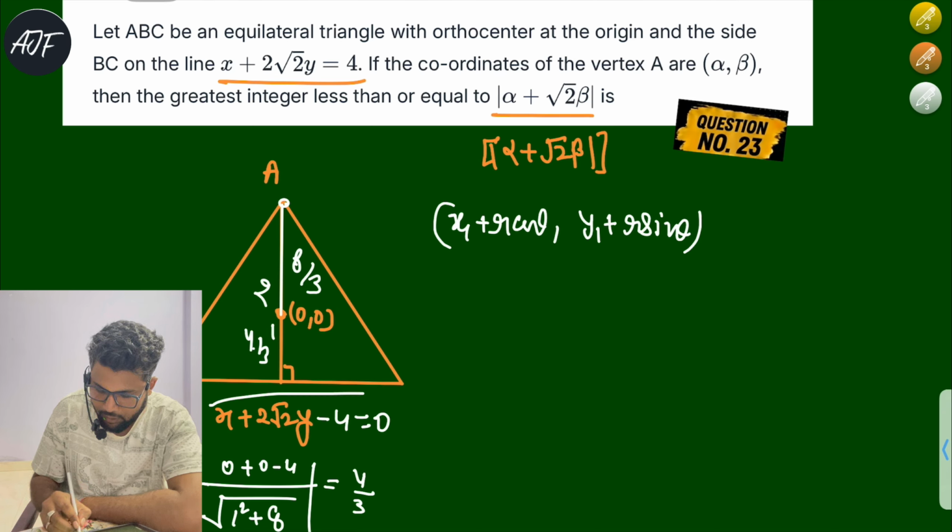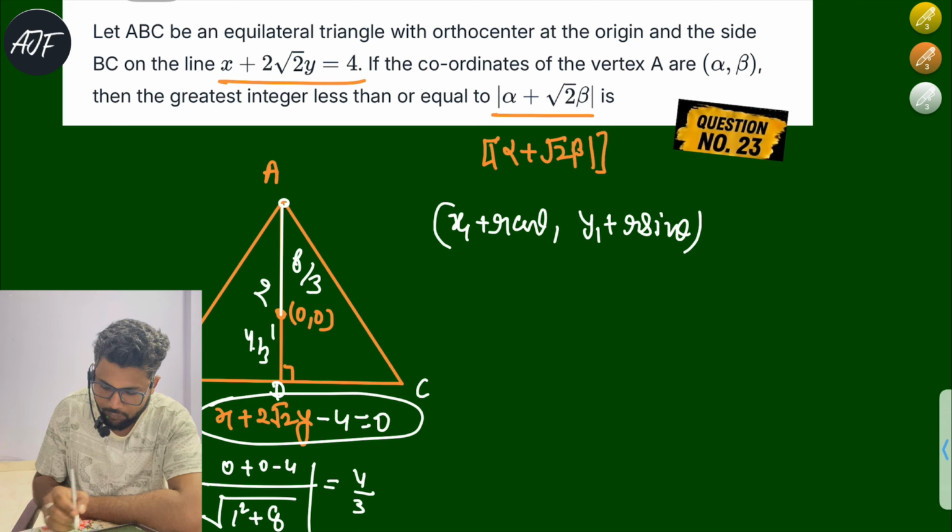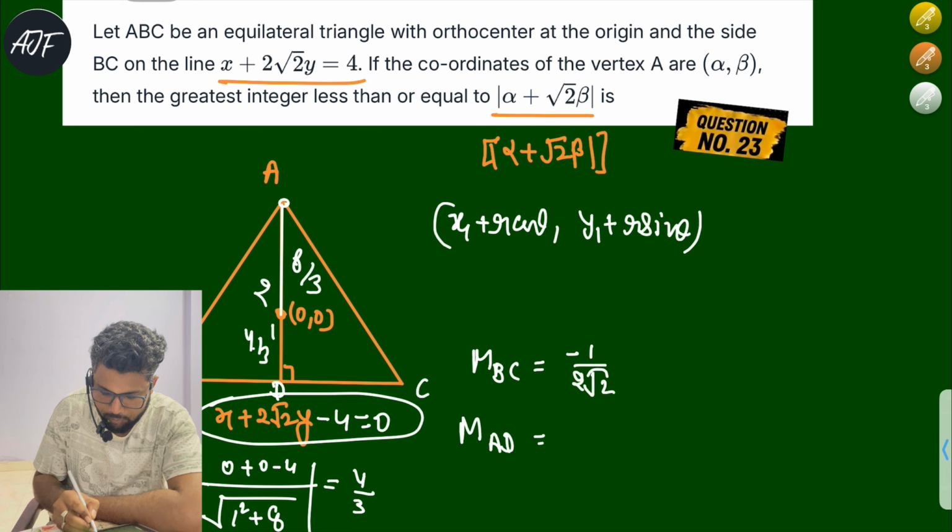Now suppose the foot of the perpendicular is named D, then BC is perpendicular to AD. The slope of BC is minus 1 by 2 root 2, that is minus a by b. Similarly, the slope of AD is 2 root 2 because they are perpendicular to each other. So the slope, meaning tan theta value, is 2 root 2 by 1.